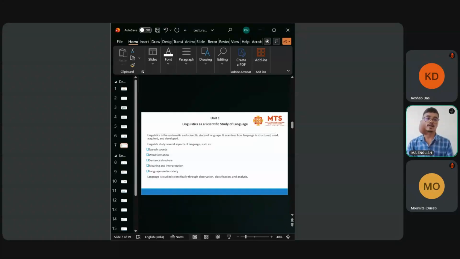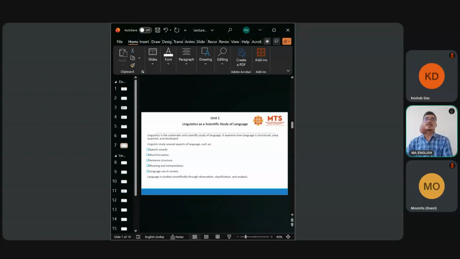When I said linguistics is a systematic study of language, I told you each word, each phrase has meaning, it matters. Just like that, words are not arranged unnecessarily. It should make sense. Otherwise, it cannot become a sentence. As simple as ABC.